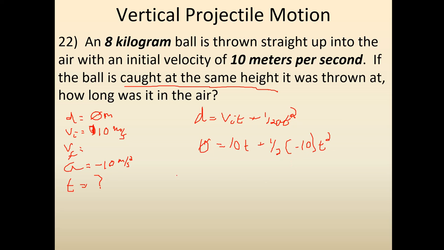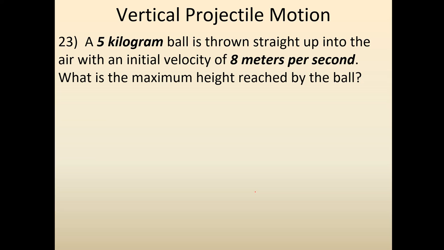So again, add 5t squared over here, we get 5t squared equals 10t. A t drops out, 5 cancels out, leaving this with 2, t equals 2. Easy peasy, 2 seconds. All right, here's the next question. Pause the video, work on it yourself. We'll go over it in a second.